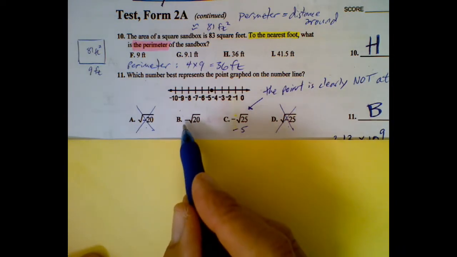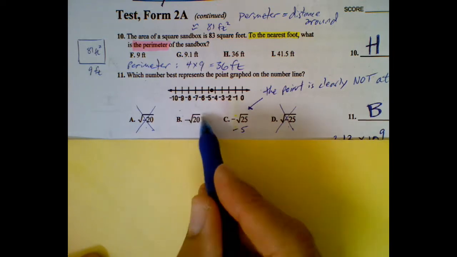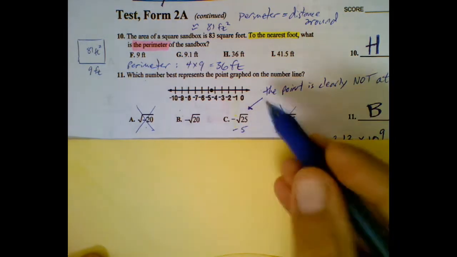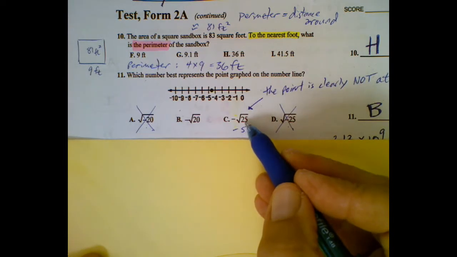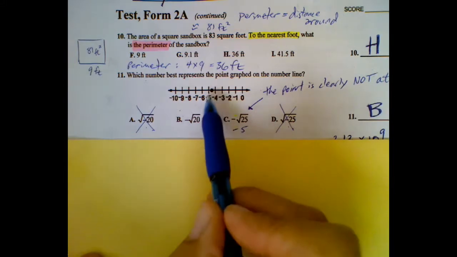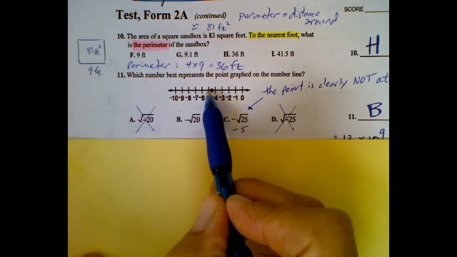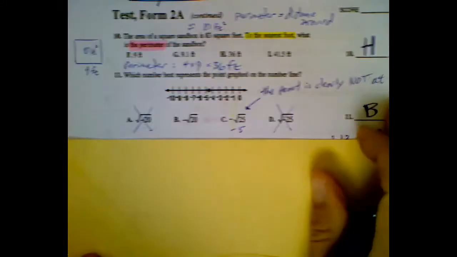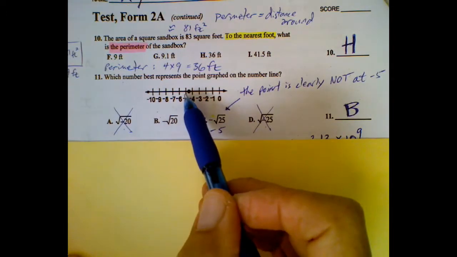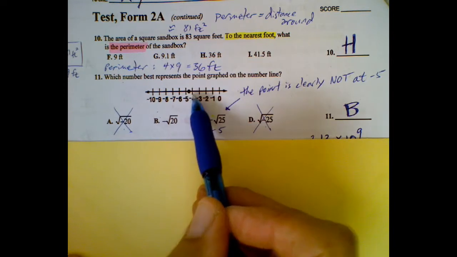B is the opposite, or negative square root of 20. And C is the opposite, or negative square root of 25. Well, 25 is a perfect square, so C is -5. But if C was the answer, wouldn't the dot be exactly at -5? Yes, it would. And since the dot's clearly not at -5, it's going to be a little bit less than -5, right?